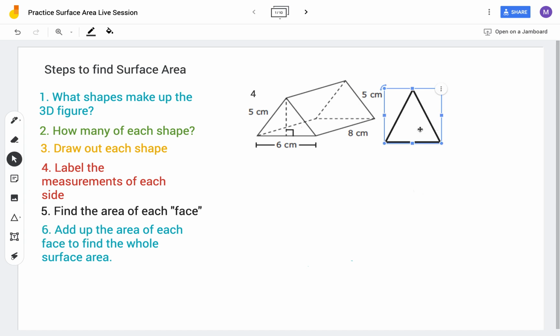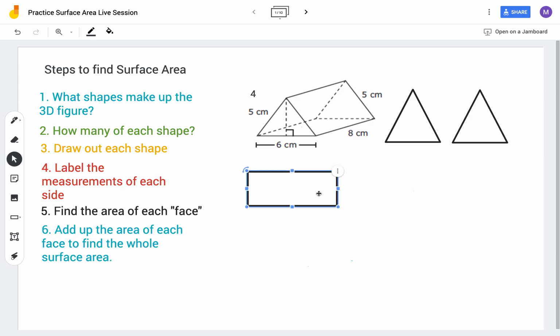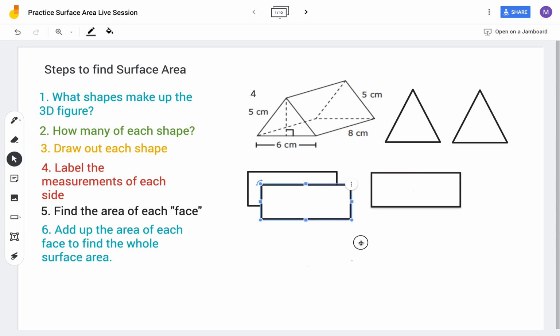So I have 1 triangle, 2 triangles. How many rectangles do we have? We have 3 rectangles: 1, 2, 3. So yes, I could arrange these into a net.